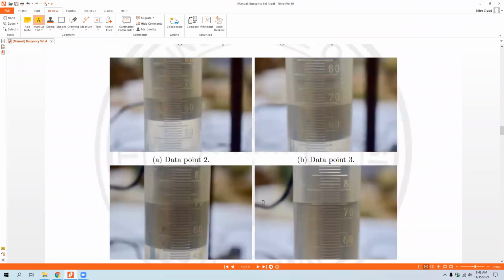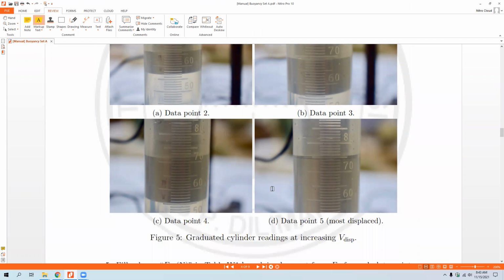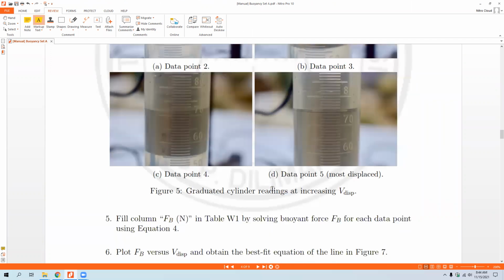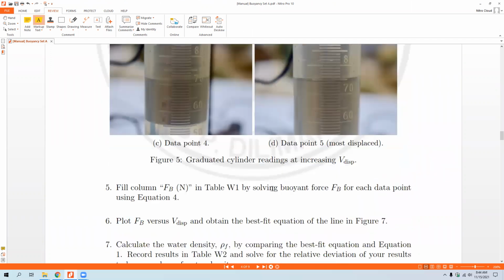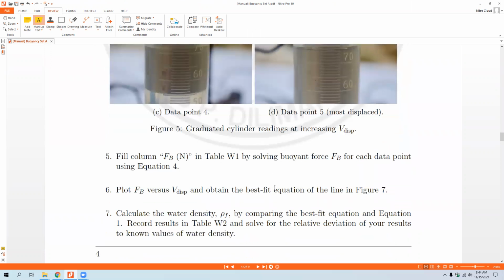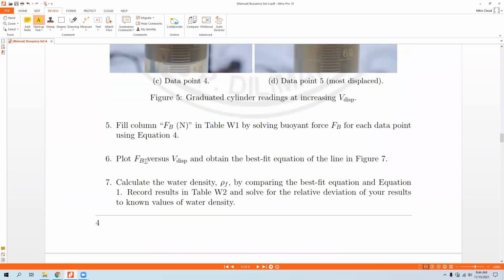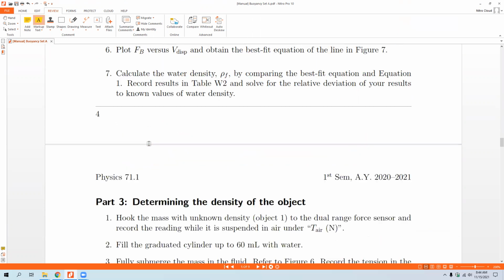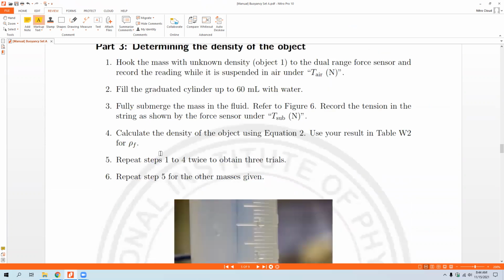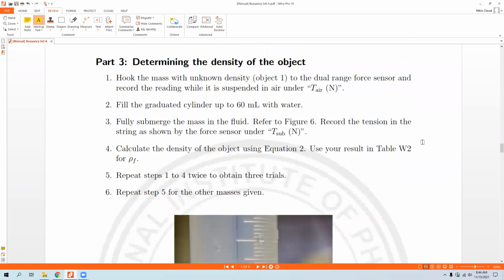So yung iba dito, you will have to measure your data points, final volumes to get yung displaced volume for the experiment. So important for the rest of the data. Basahin nyo na lang ulit yung instructions.